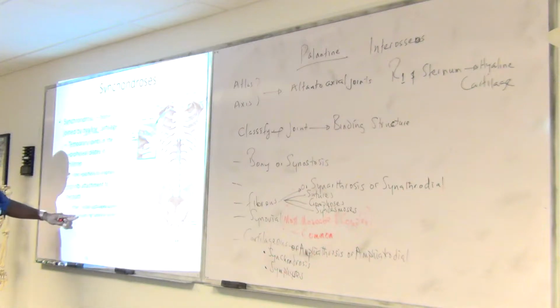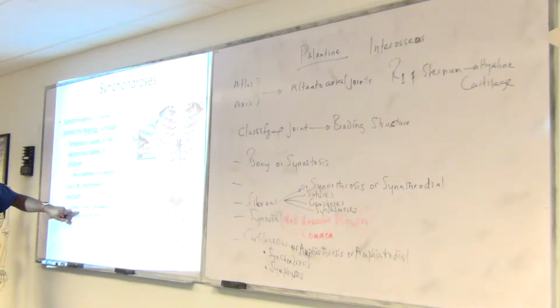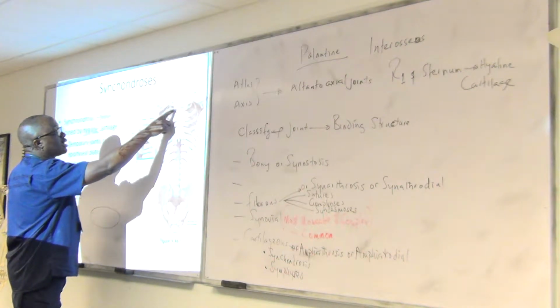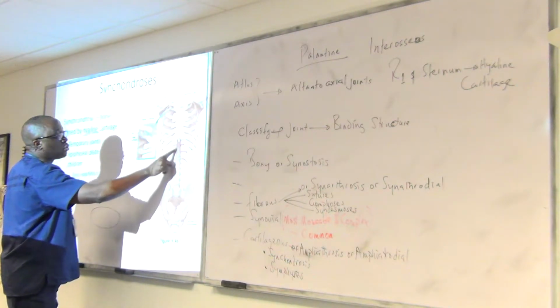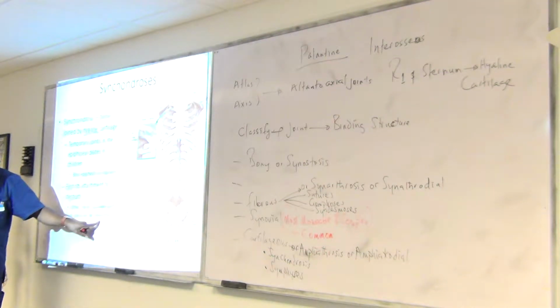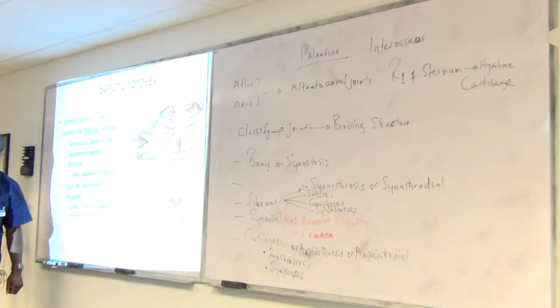The rest, which means rib number two, rib number two, this is rib number one, rib number two all the way, it is what? Synovial joints, which is the other type of joint that we said is more complex. Everybody clear with that? So rib number one is just hyaline cartilage.